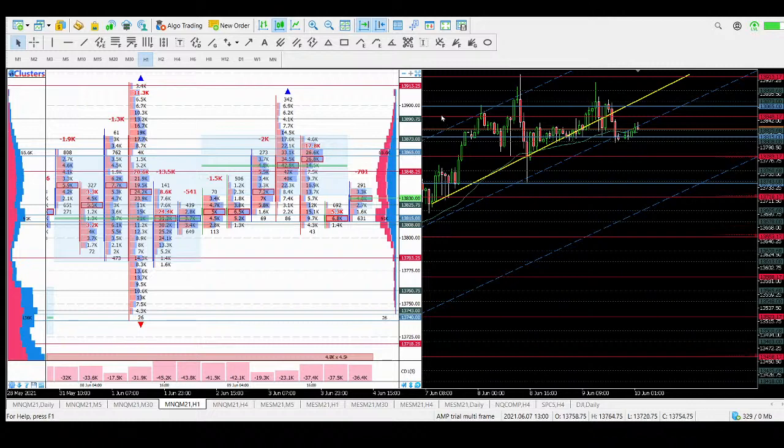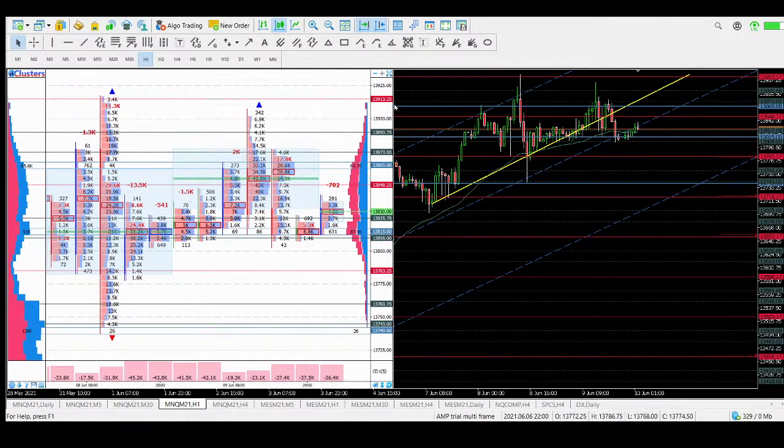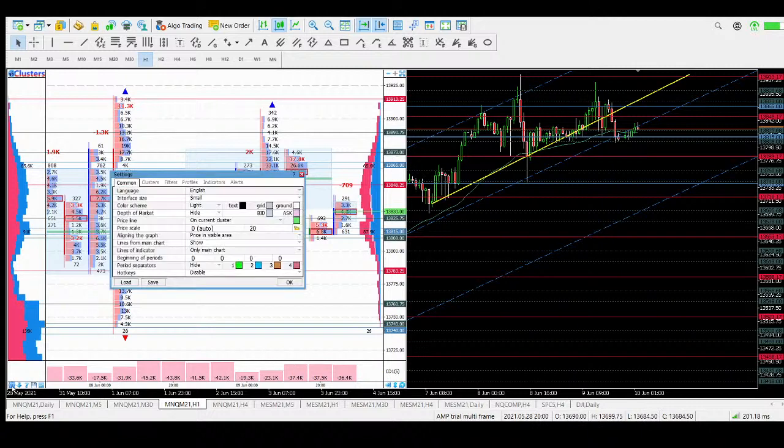The good thing with this trade setup is my trade setup on MetaTrader 4 or MetaTrader 5 can drop straight into this software here, which is the U clusters. I'll show you what I mean.